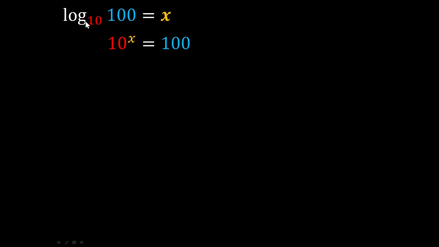Anytime we have an equation like this, we could rearrange it into something like this. And this seems to be an easier question. Can you see what x equals? 2? Because 10 squared equals 100. So log base 10 of 100 equals 2.